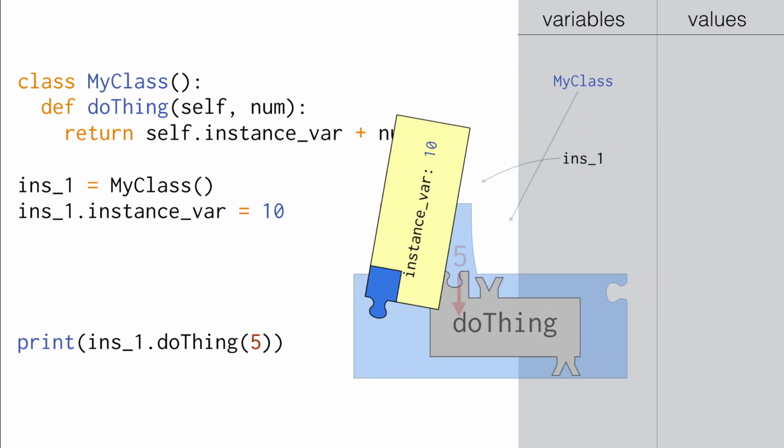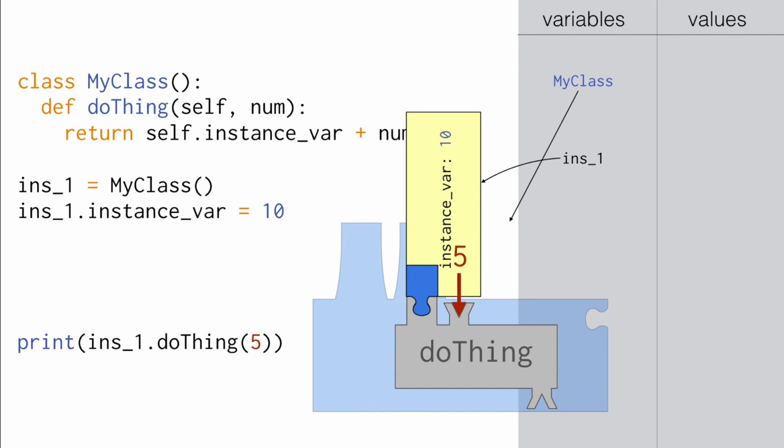And remember how I said methods were slightly different from functions, and how the first argument to a method is always self? The reason for that is that when we call a method, the instance object is always passed in as the first argument to the method.